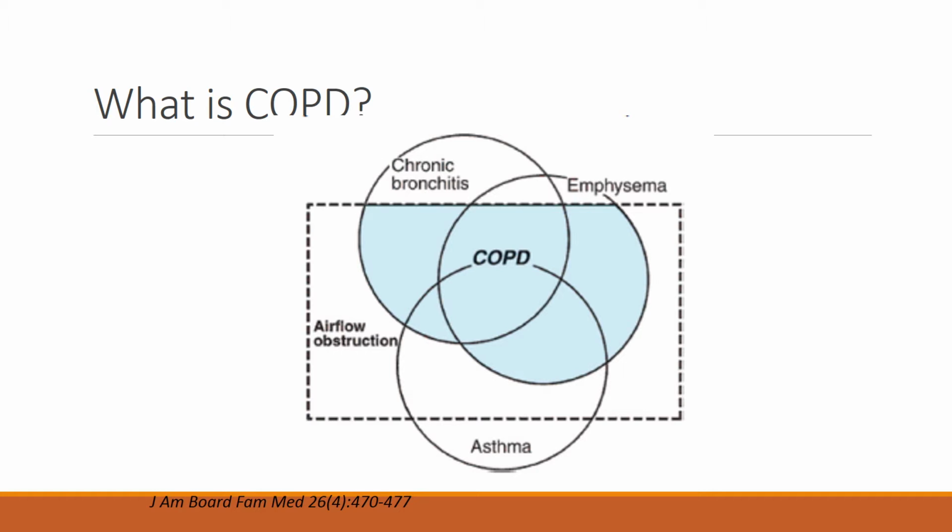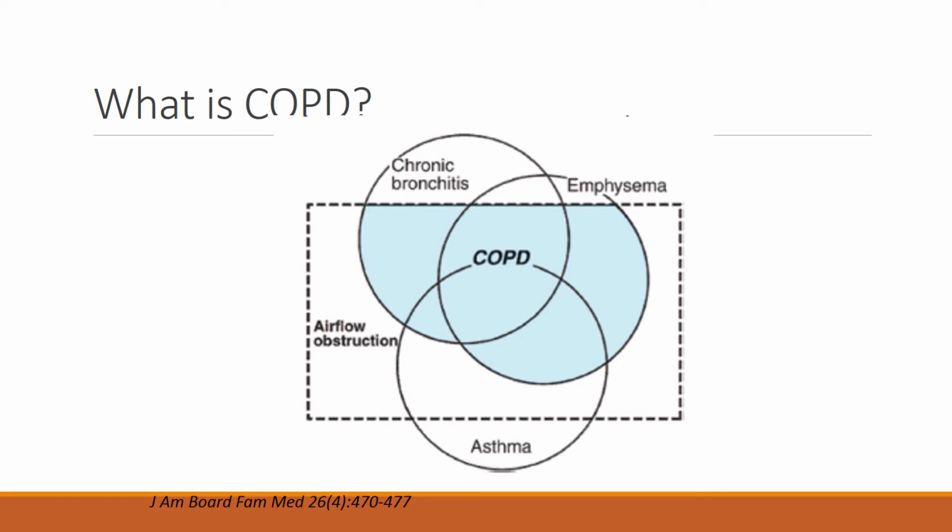And then we had asthma, because we do know that sometimes asthma is also prevalent in patients who have COPD. But COPD is its own separate disorder, and it is irreversible airflow obstruction.